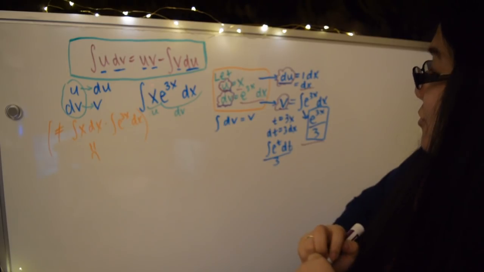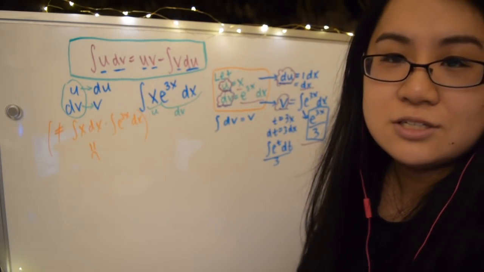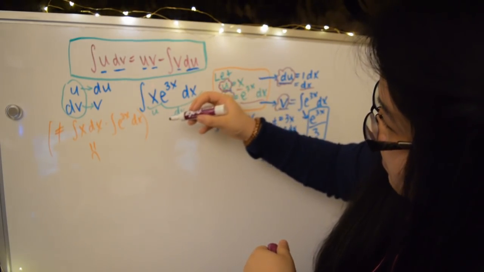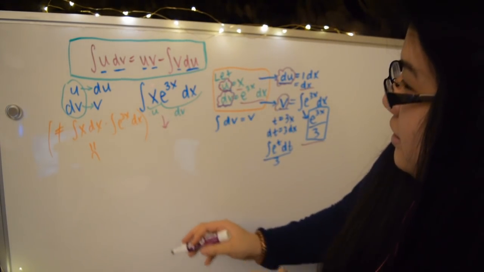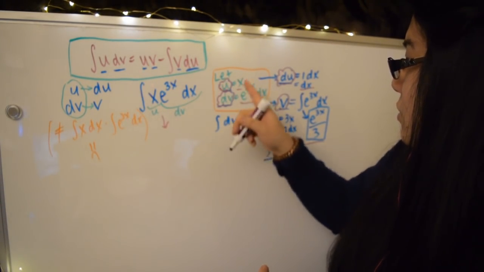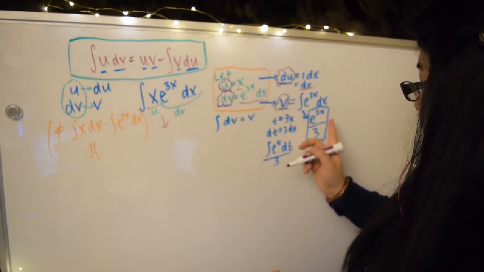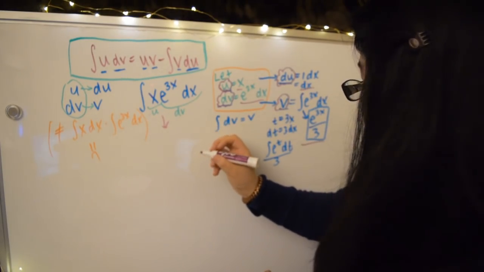Okay, so now we just need to plug into this. Plug and chug. When I put this in, I get uv. So u is x, v is e to the 3x over 3.